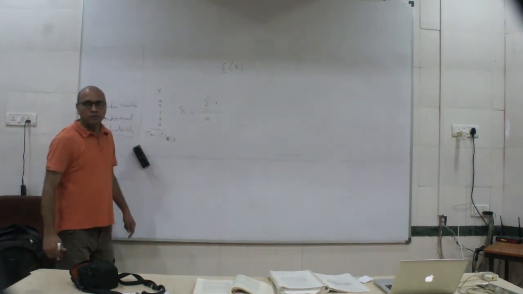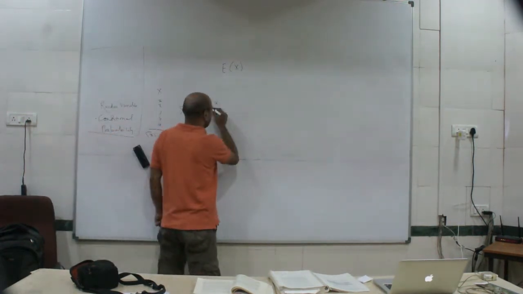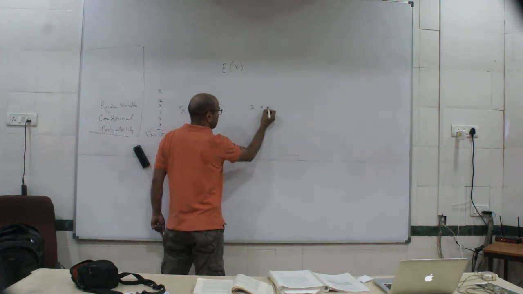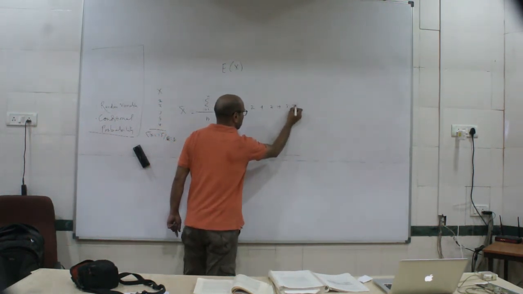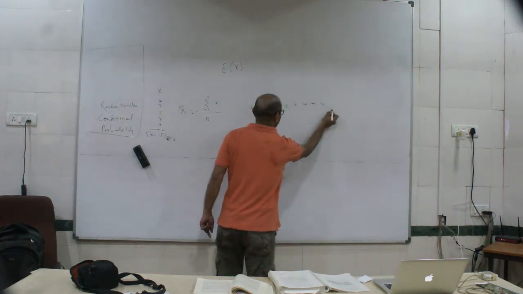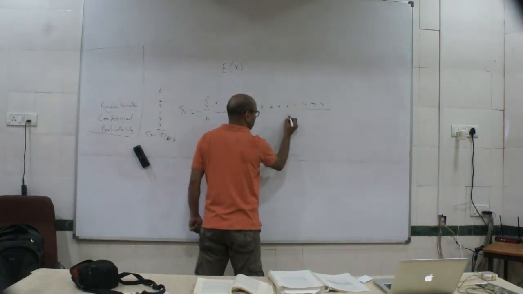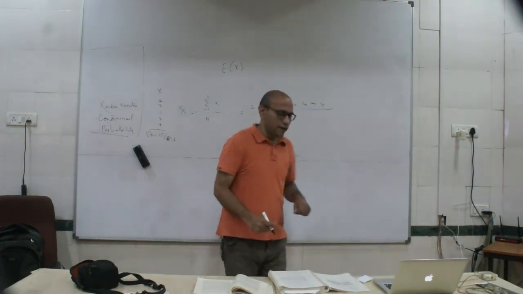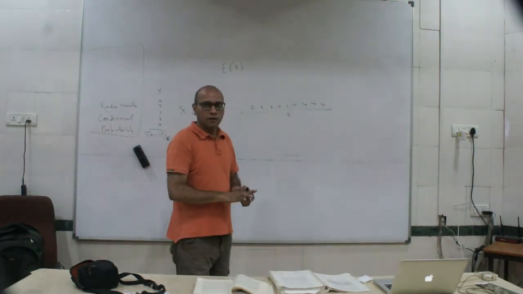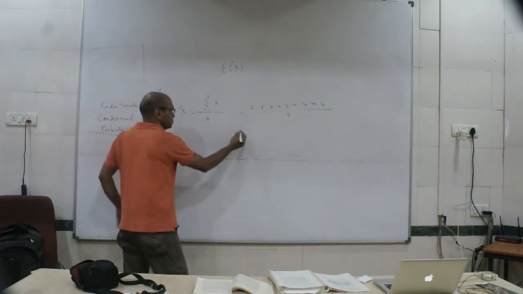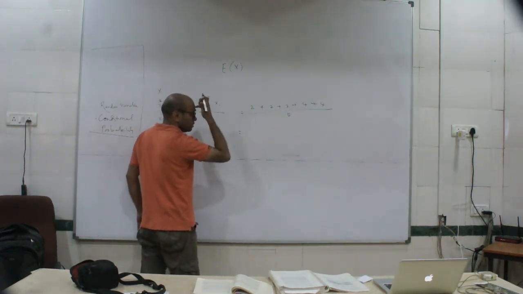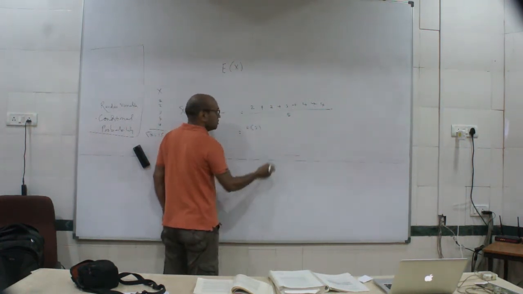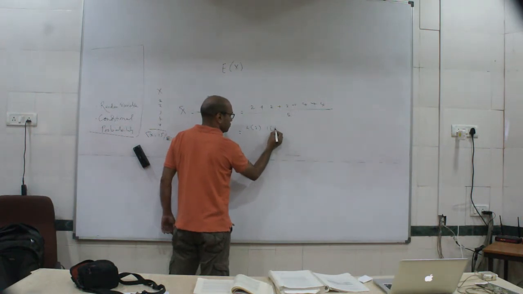Now, instead of that, I can actually write it differently. Summation xi: I would write 2 plus 2 plus 3 plus 4 plus 4 divided by n, that is 5. Now this thing I can write separately. 2 has occurred twice, so 2 into 2. 3 has occurred once, so 1 into 3.